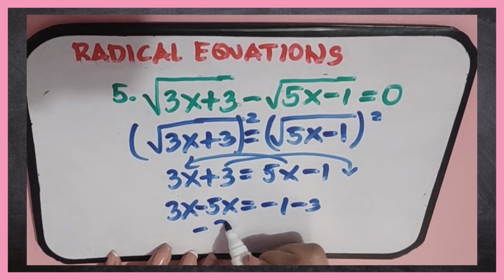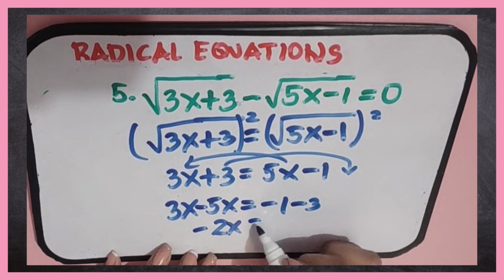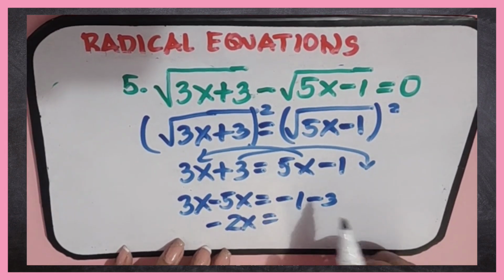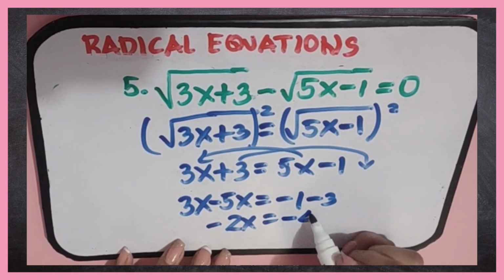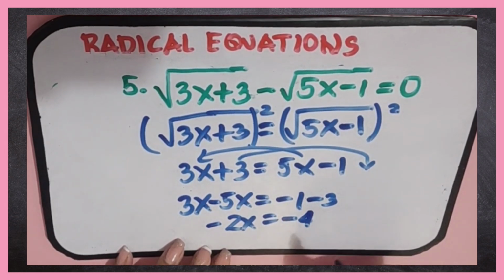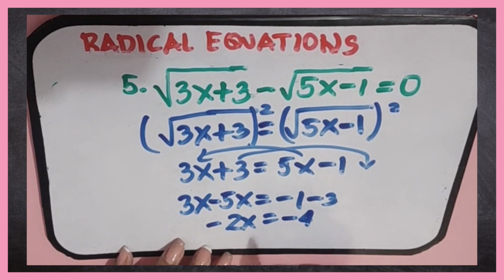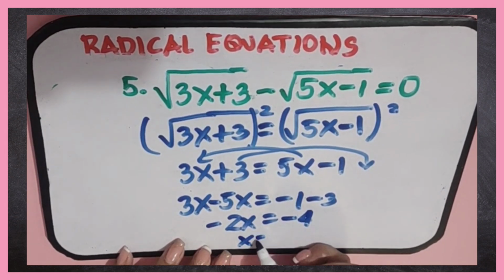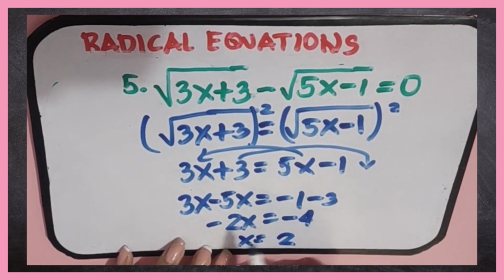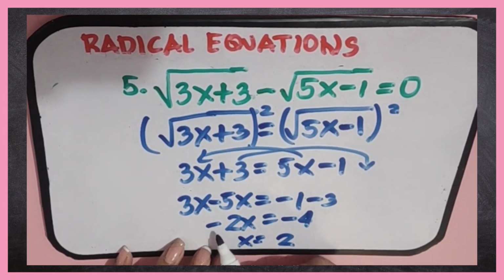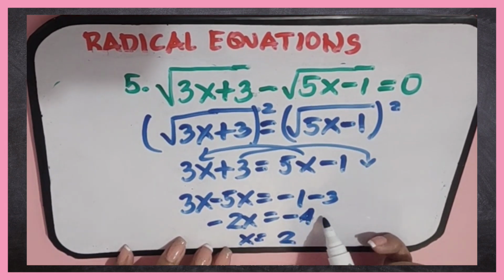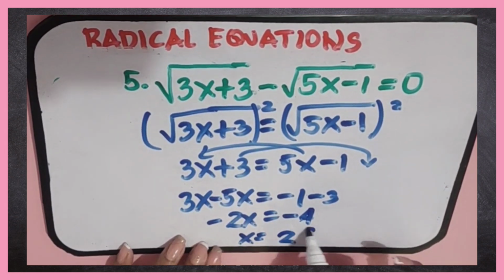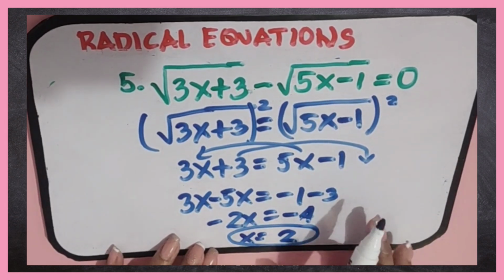Then we have negative 2x equals, we have like sign, so you will add, then prefix the common sign, so we have negative 4. Then of course, the value of our x is equal to positive 2 because we divide both sides of the equation by negative 2. So negative 2x divided by negative 2 is x. Then negative 4 divided by negative 2 is 2. So this is our solution.